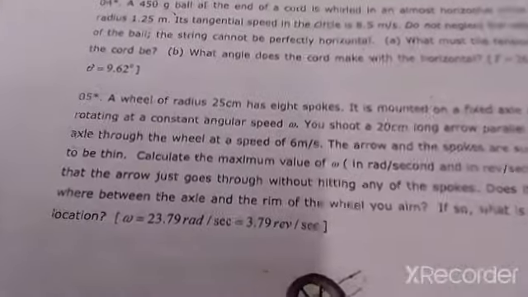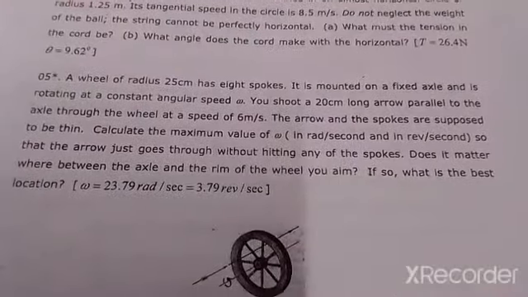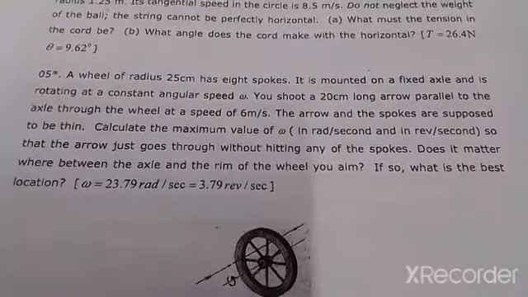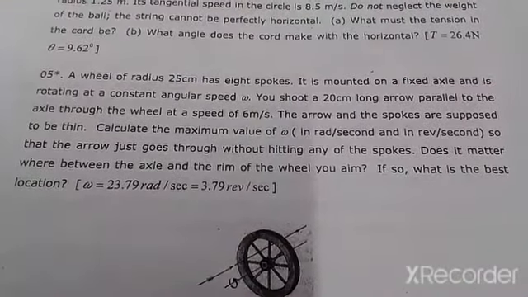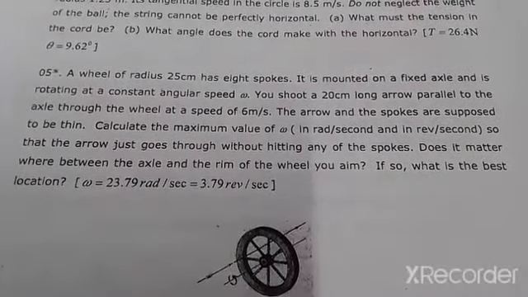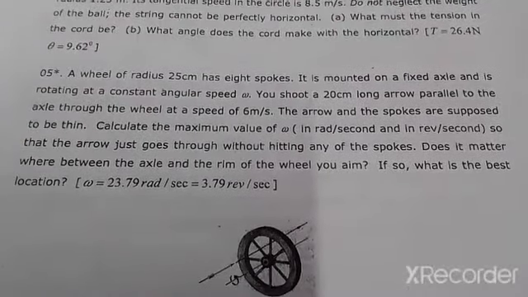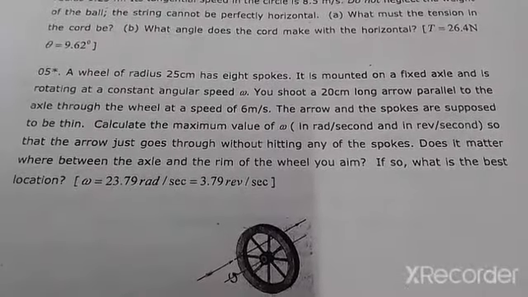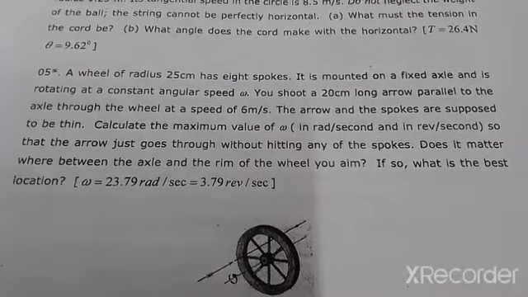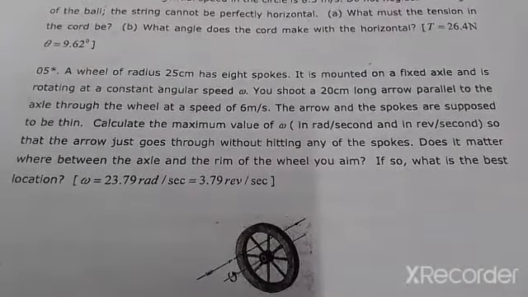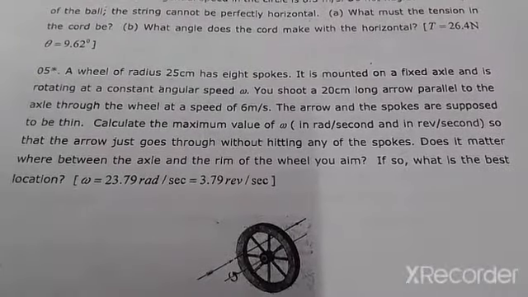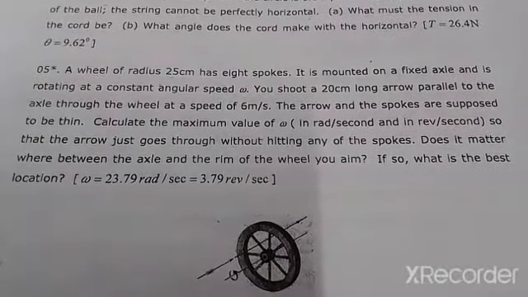Question 5 reads: a wheel of radius 25 centimeters has 8 spokes. It is mounted on a fixed axle and is rotating at a constant angular speed. You shoot a 20 centimeter long arrow parallel to the axle through the wheel at a speed of 6 meters per second.